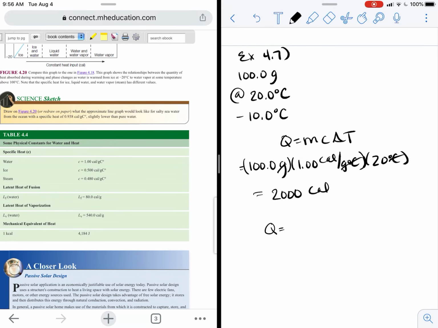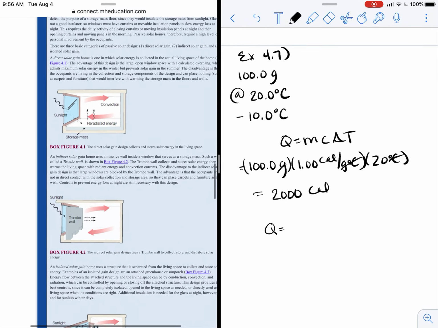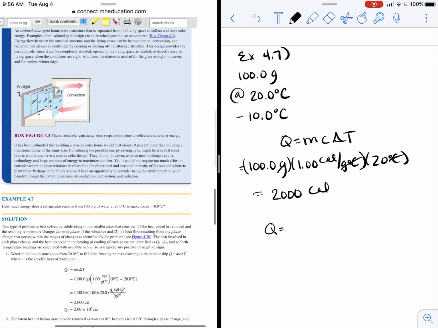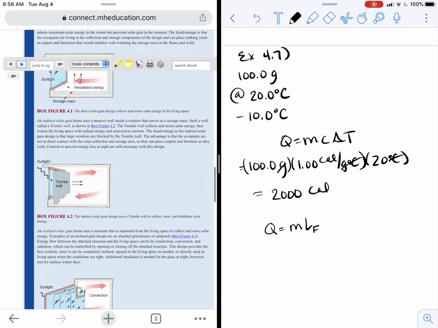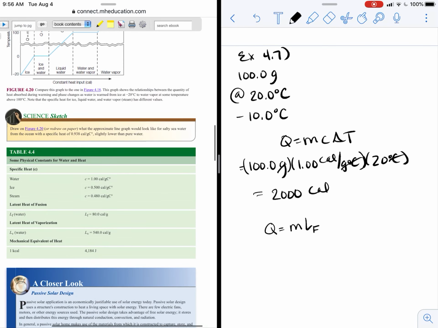So the equation for that, sorry, I keep going back and forth here, is mass times the latent heat of fusion. Okay, so the mass is still 100 because nothing has changed as far as that is concerned. And your fusion is 80 calories per gram.